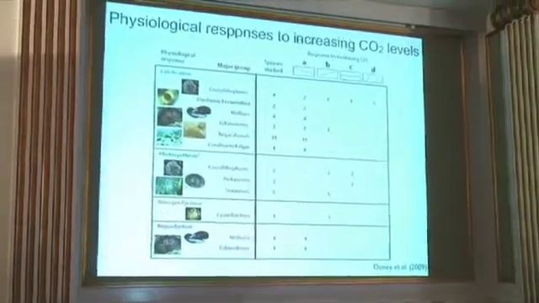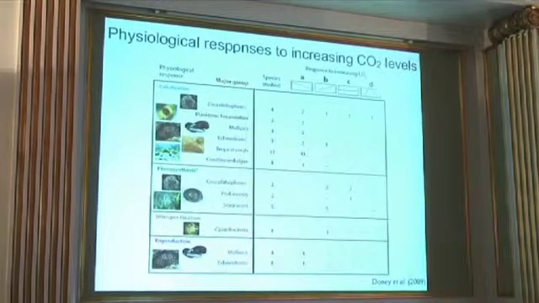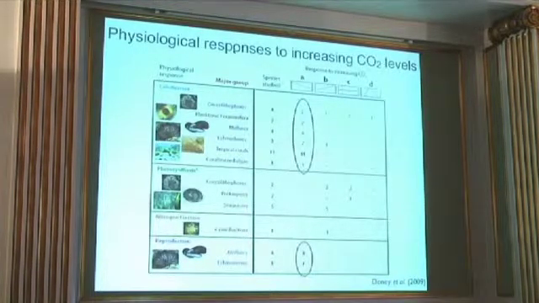It might increase, it might stay the same, or you might get this kind of optimal type curve. And what you'll see is that for calcification, nearly all of the organisms show reduced calcification. And in the case of corals, it can be up to 60% reduced from normal seawater.